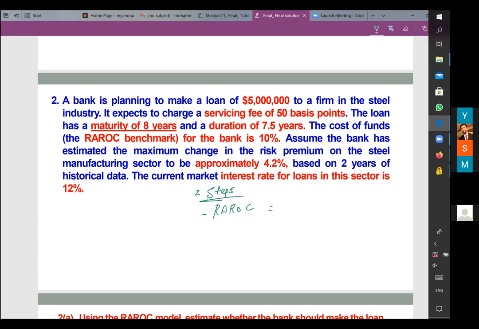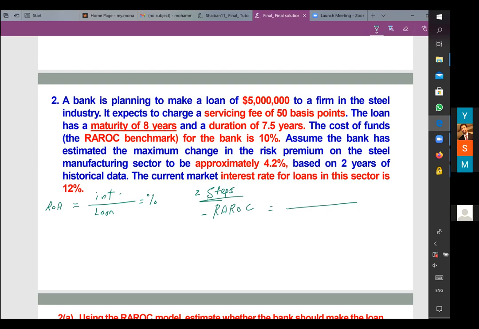Remember, as we said yesterday, when we talk about the RORAC and we want to see how much we are going to charge the customer, we don't calculate something like the ROA of the loan, which means we don't take the interest and divide it by the loan and say, well, this is a percentage of our return. No, in the RORAC, we take anything which is only the spread.